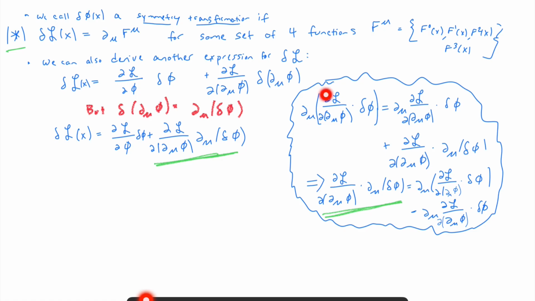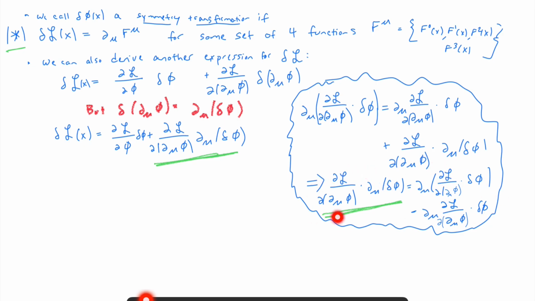If we take the derivative of a product of functions, that's equal to the derivative of the first term multiplied by the second term plus the first term multiplied by the derivative of the second term. If we just rearrange things here and solve for this term, we get that it is equal to this term minus this term. So that's how we got this formula here.